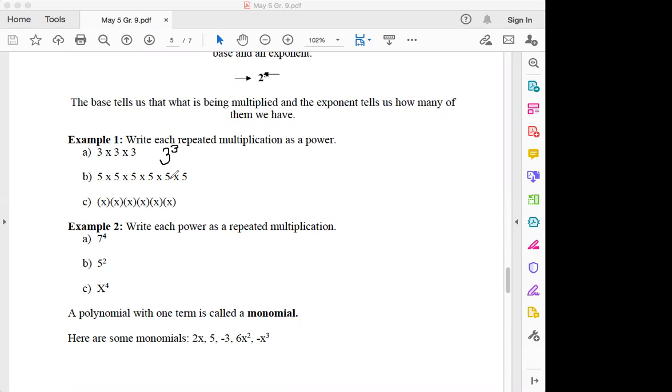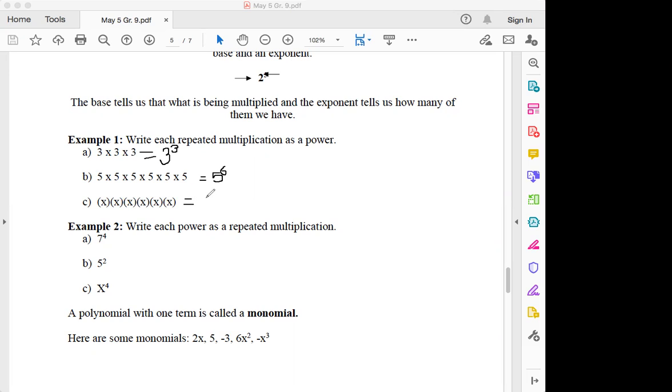So that makes our power 3 to the exponent 3. Now our next one, our base is going to be 5 because that's the number we're repeatedly multiplying, and it's being multiplied 1, 2, 3, 4, 5, 6. So we're going to put that to the power of 6.